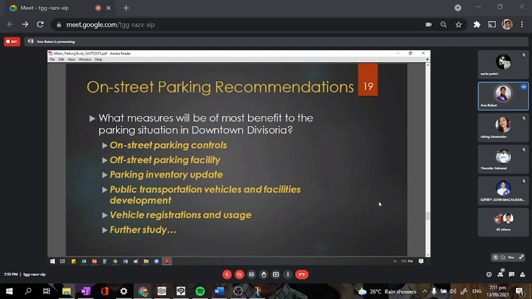Let's say, a motorcycle is not to park in a four-wheel parking space; it goes to the motorcycle parking area. And for registration, for example buses or trucks should not park in the downtown area, because their design is not appropriate for on-street parking space.